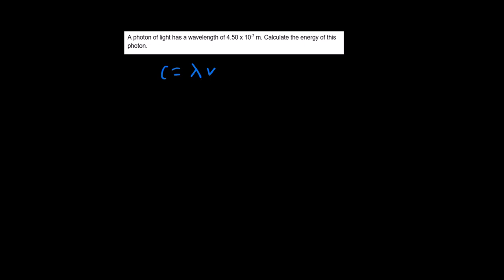So we can use this one to first find the frequency and then use the frequency in Planck's equation to find the energy. So we're going to find the frequency by dividing both sides by the wavelength. So we get frequency equals the speed of light over the wavelength.